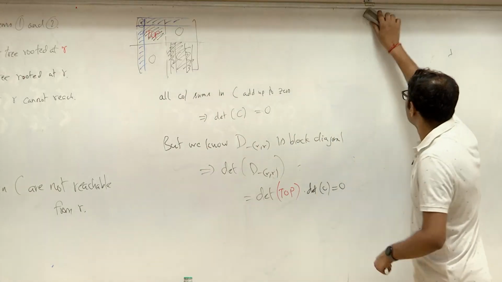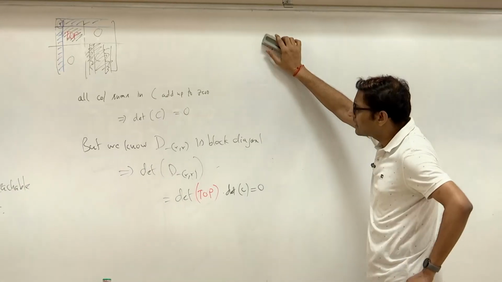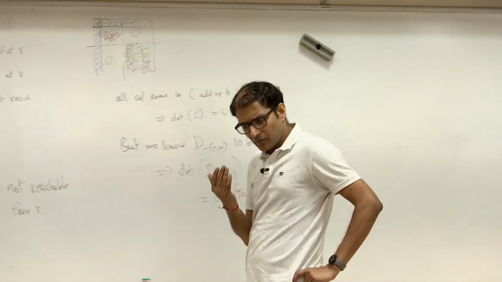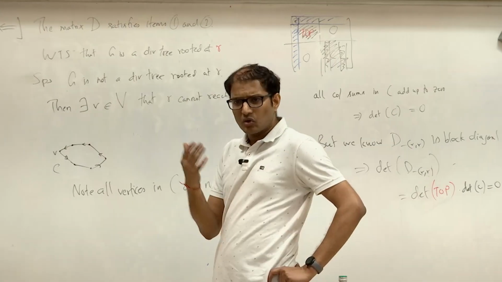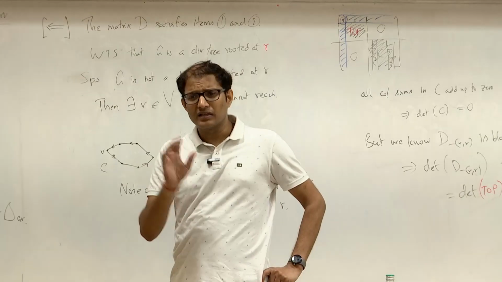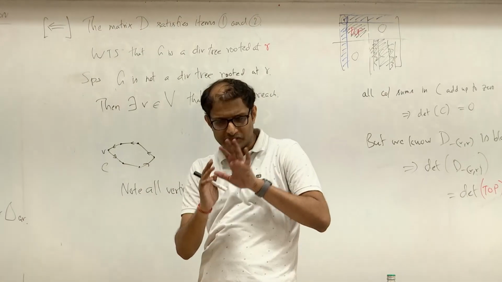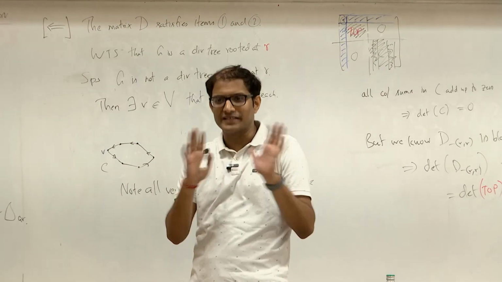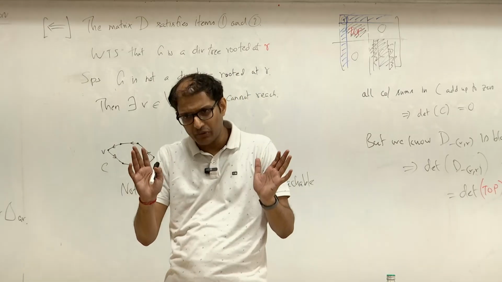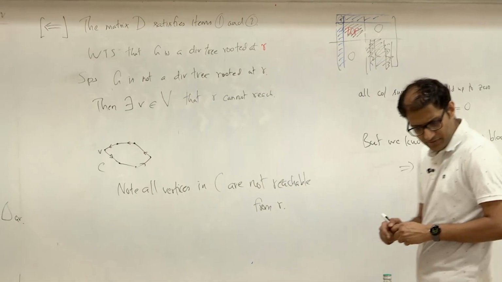So what I'd like to do next is tell you how you can count the number of divergent spanning trees rooted at any vertex R. We'll discover that no matter what root vertex you pick, this quantity is going to be the same. It's going to be exactly one value. Okay, and so that's a very interesting claim.